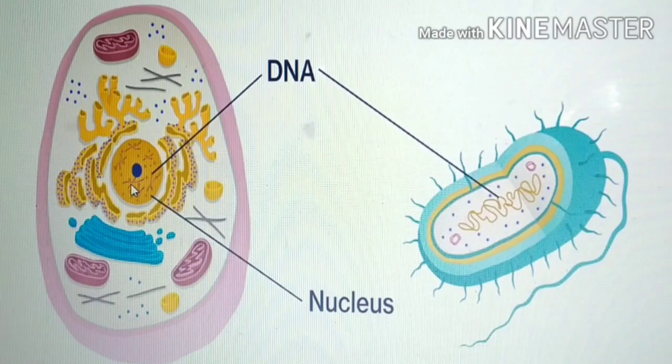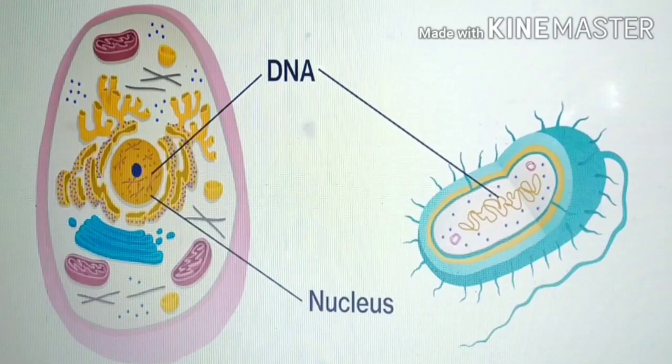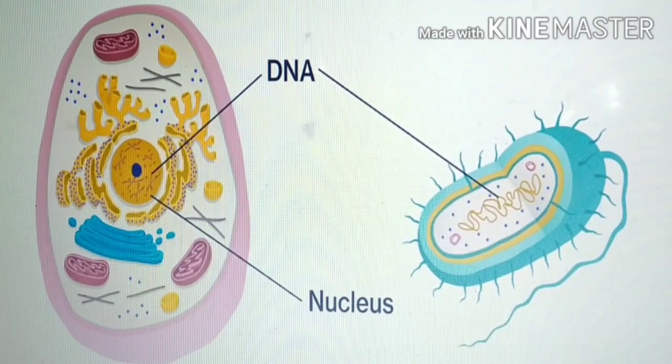So the living fluid of the cell present between the nucleus and the plasma membrane is called cytoplasm, and the one present inside the nucleus is called the nucleoplasm. Both together are called the protoplasm.